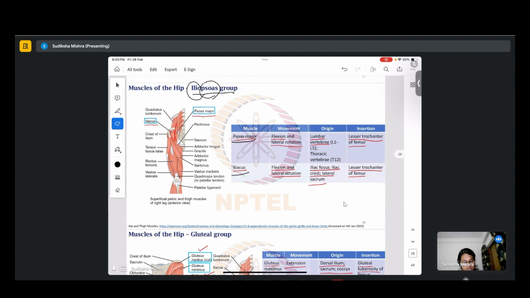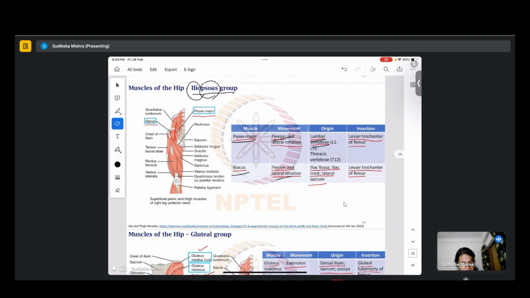These muscles are responsible for flexion and lateral rotation. Lateral rotation means rotating to the side, and flexion means decreasing the angle between two body parts.